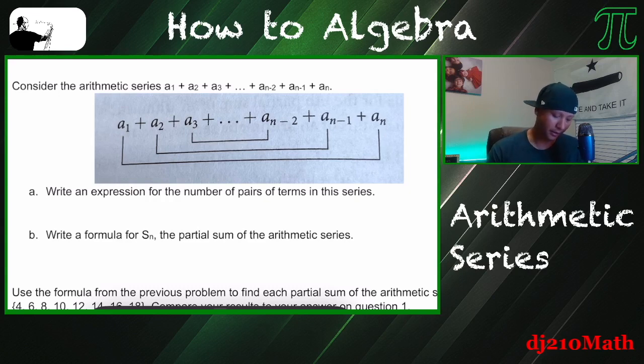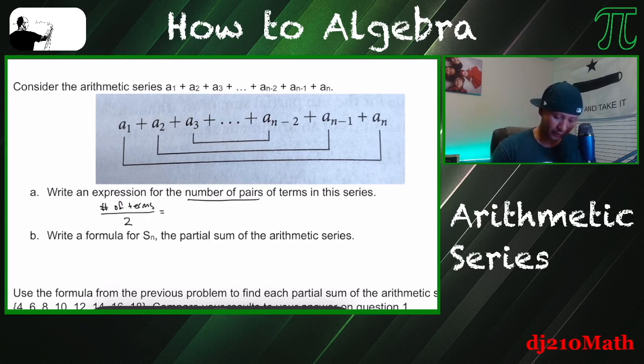Write an expression for the number of pairs of terms in the series. The number of pairs depends on how many terms there are, so it would be the number of terms divided by 2. In general, if n represents the number of terms, then n divided by 2 gives us the number of pairs.